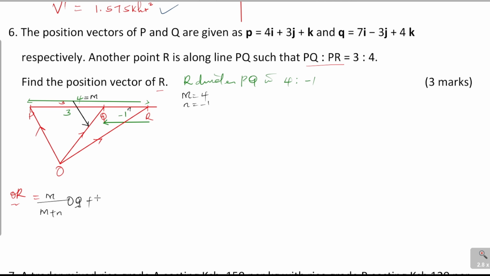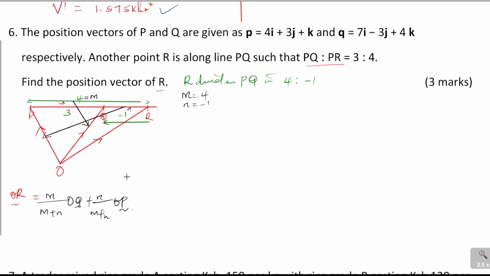Then plus N divided by M plus N, and the side opposite N is OP. So that is N divided by M plus N, times OP.